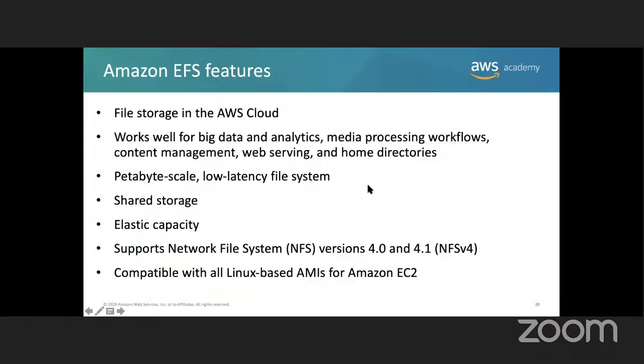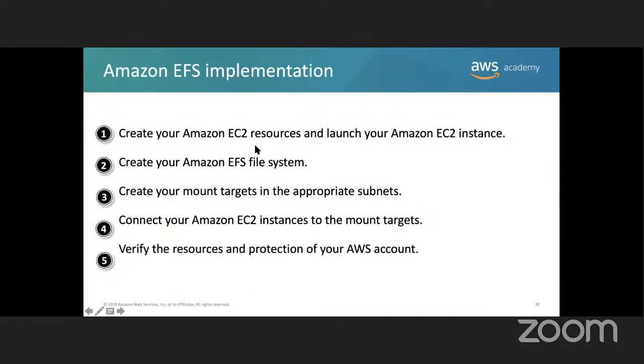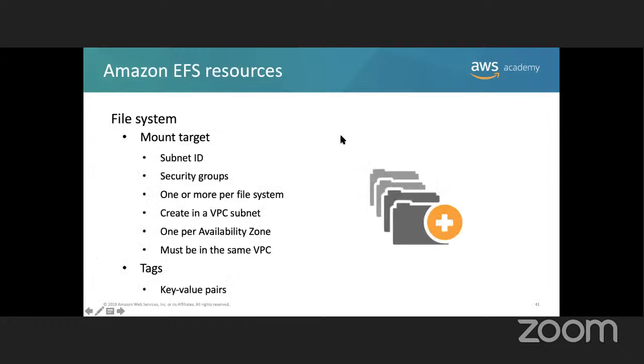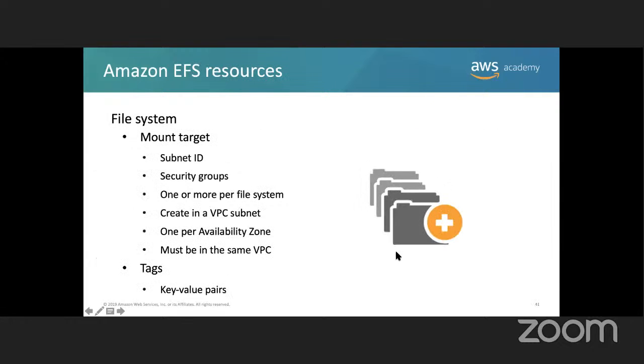Okay, so how do you create that? Well, you create the Amazon EC2 instances and launch them in a VPC, right? And then you create the file system. You create your mount targets in the appropriate subnets. You connect your Amazon EC2 instances to the mount targets, and verify the resources and protection of your AWS account, right?